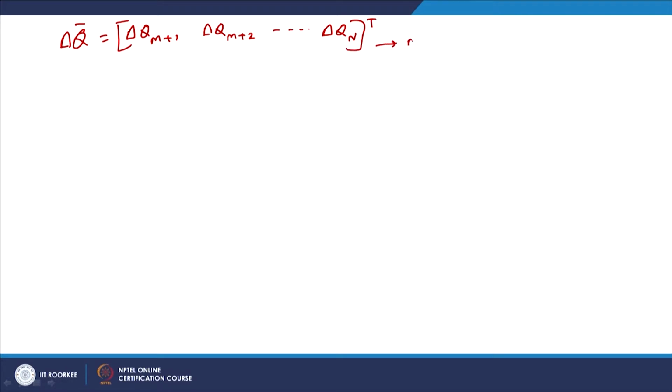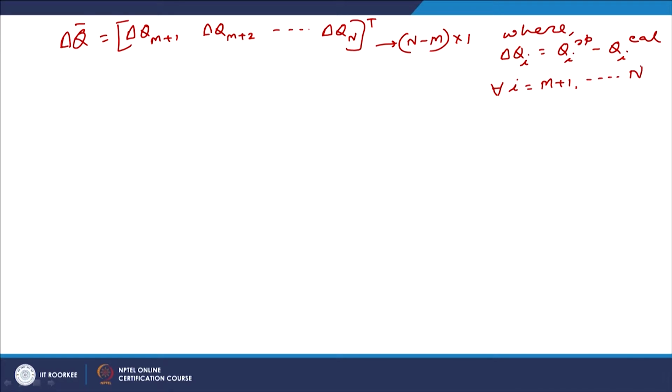So, it is n minus m cross 1, where delta Qi is Qi specified minus Qi calculated for all i equal to m plus 1 to n. So, then we again write down, to summarize.